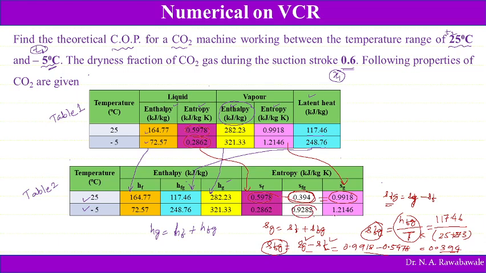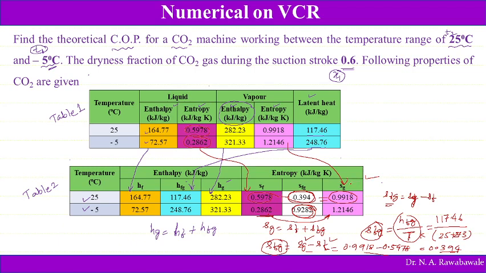Similarly, subtracting 0.2862 from 1.2146, we get 0.9282 as Sfg. So this table is referred to in further calculations.